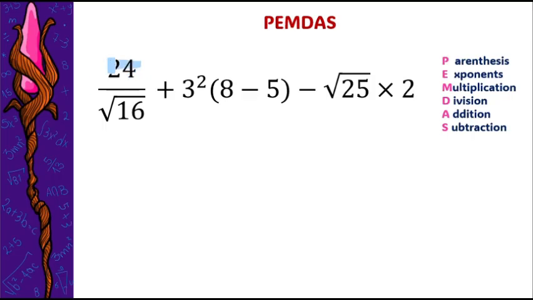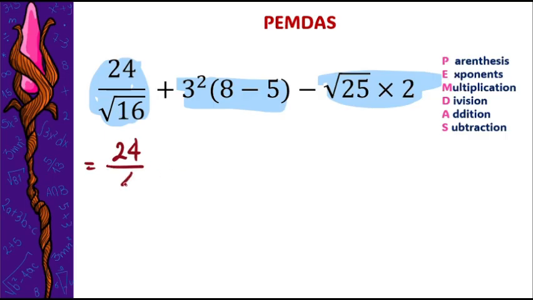And now the last one. We could consider this one term, two terms, and three terms. For the first term, we have a division and the square root. The square root goes first. 24 divided by the square root of 16, which is 4. Plus, same thing here. We do the parentheses, which is the priority, but since we have a multiplication here, we could do the power of 2. So 3 squared is 9 times 8 minus 3, which is 3. Minus, here the priority is the square root.